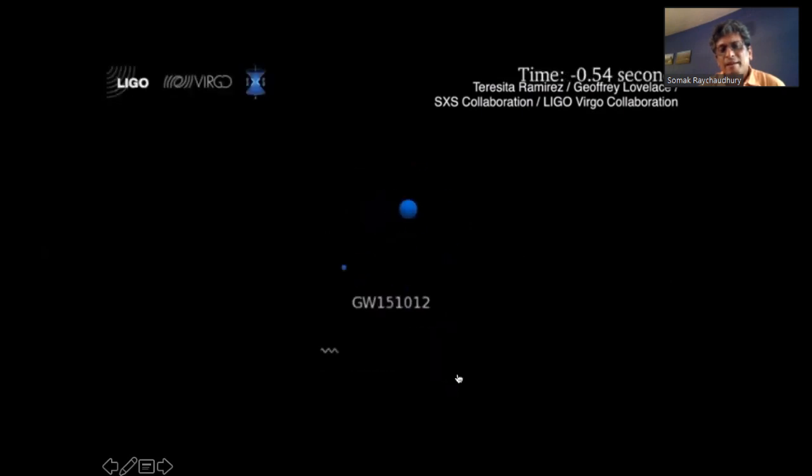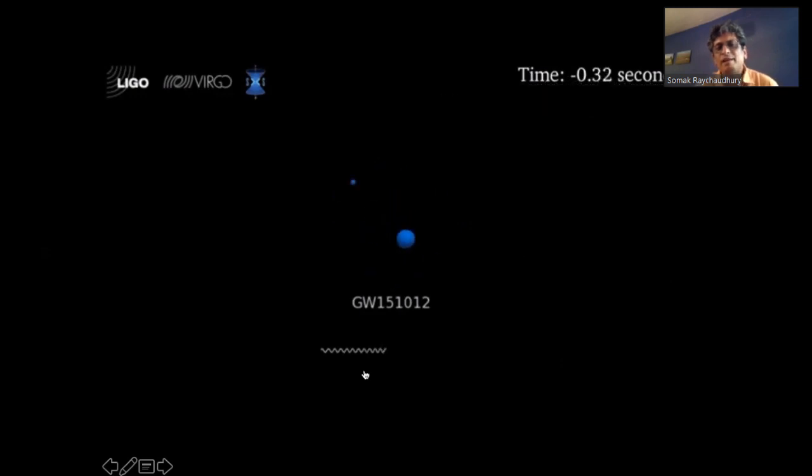And these are the various wonderful waveforms that you get from different kinds of black hole pairs. And the sizes of the black hole Schwarzschild radii are represented by the size of the balls that you can see. And you can see that the whole thing takes place sometimes in a few seconds, and sometimes in a fraction of a second.